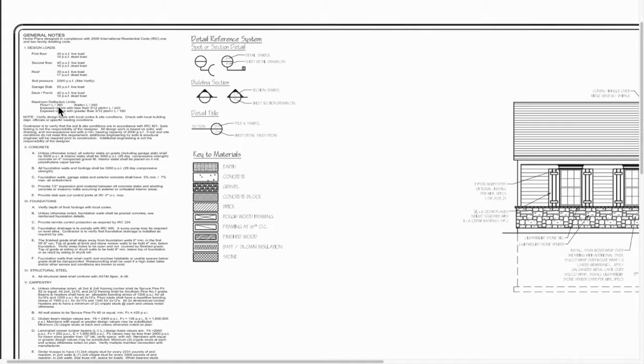Maximum deflection limits. Remember last week, or maybe it was on Tuesday, we were looking at the span tables for the wooden I-beams, and they had 3 different span tables depending on the deflection of the floor. So L divided by 360, I'll have to look up exactly what that means.